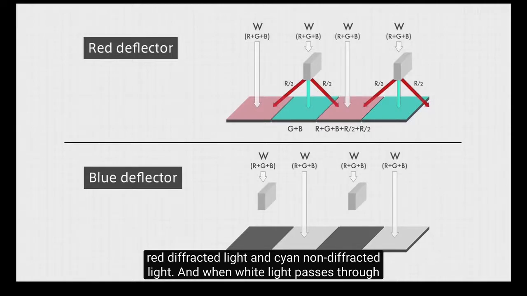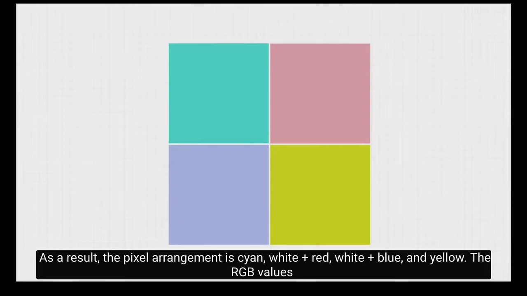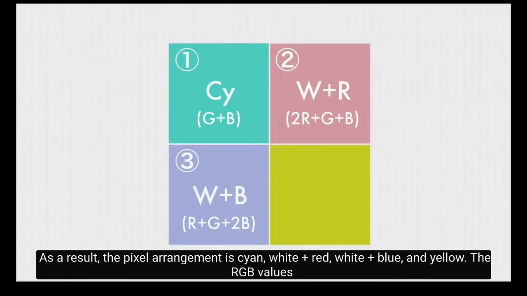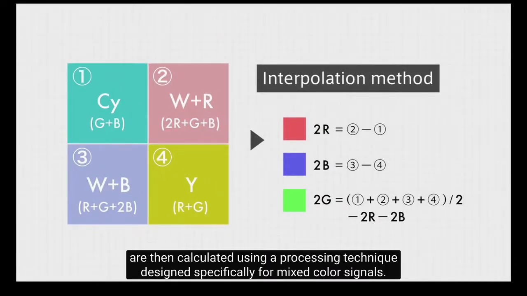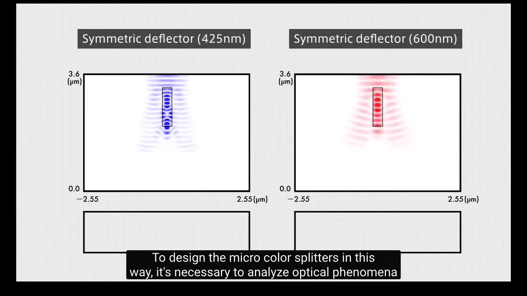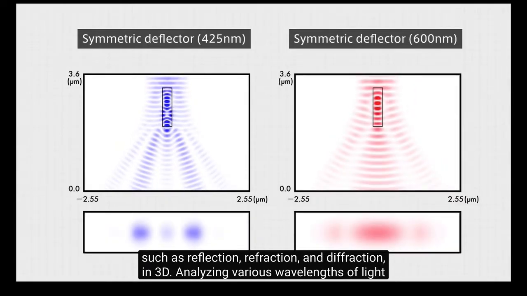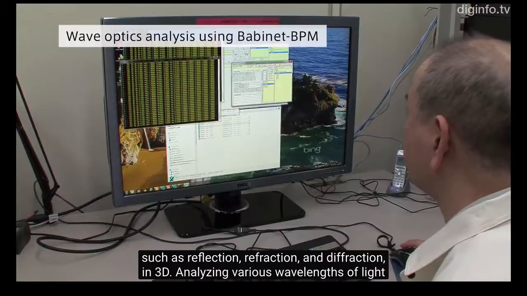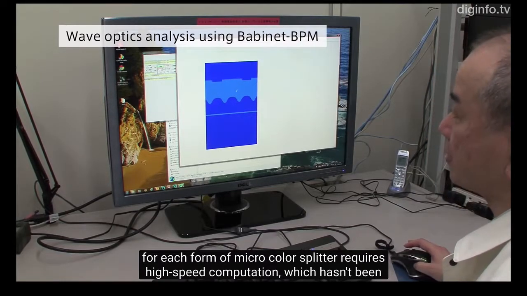And when white light passes through a blue deflector, it's split into blue diffracted light and yellow non-diffracted light. As a result, the pixel arrangement is cyan, white plus red, white plus blue, and yellow. The RGB values are then calculated using a processing technique designed specifically for mixed color signals. To design the microcolor splitters in this way, it's necessary to analyze optical phenomena such as reflection, refraction, and diffraction in 3D. Analyzing various wavelengths of light for each form of microcolor splitter requires high-speed computation, which hasn't been practical until now.